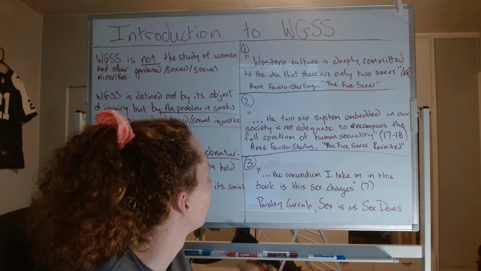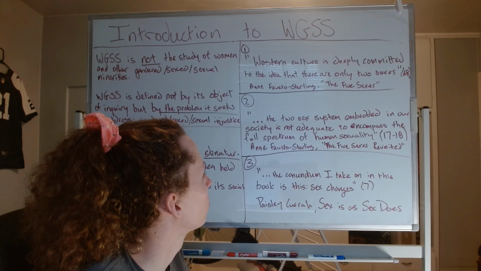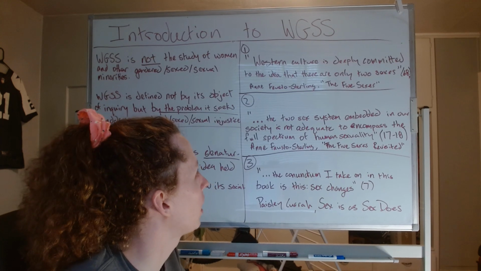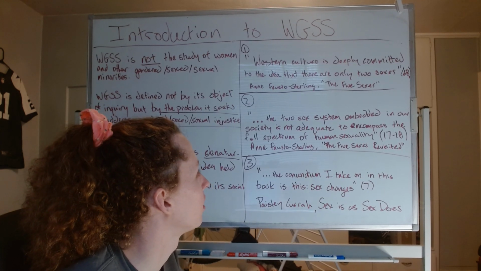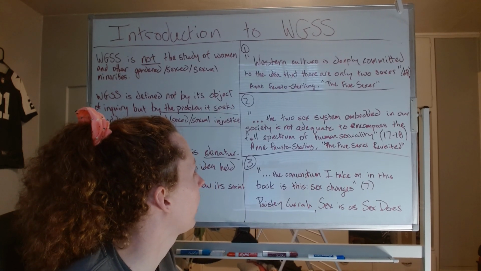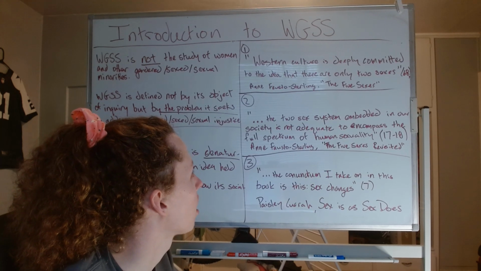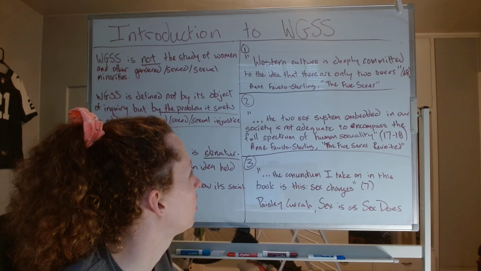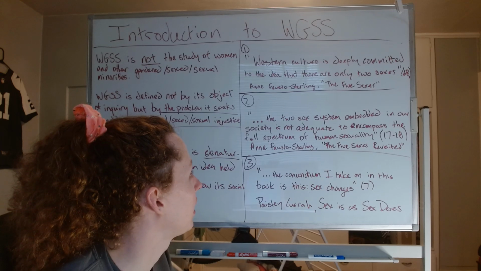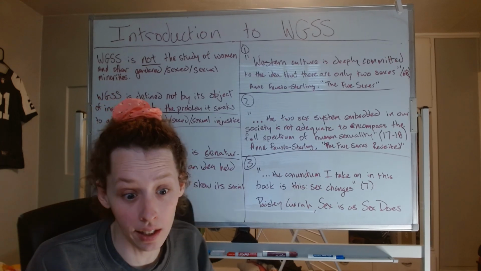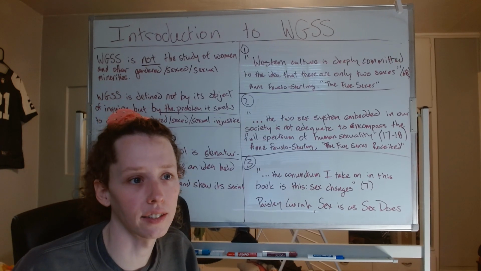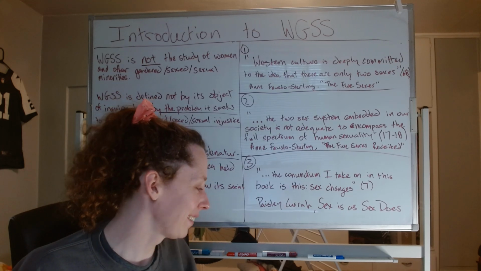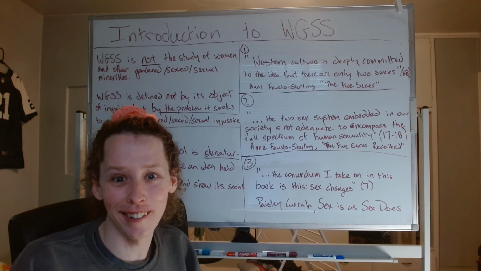Now, the first quote says something about broadly Western culture or Western society. Fausto Sterling says, quote, "Western culture is deeply committed to the idea that there are only 2 sexes." And this should be very familiar to us, right?